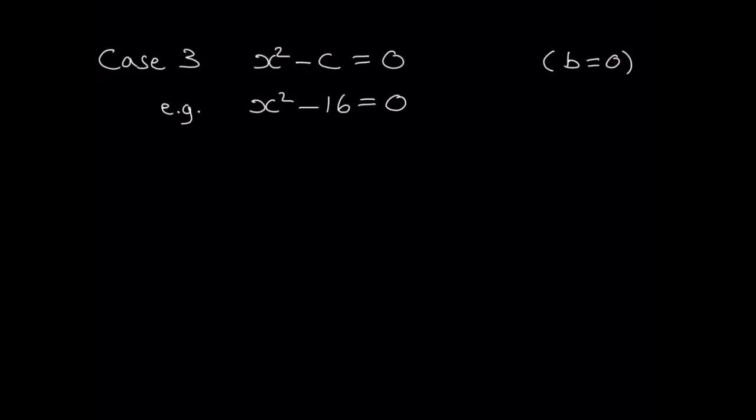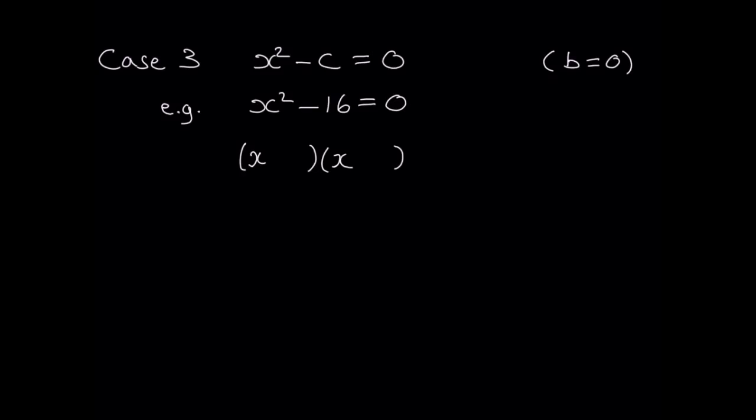In case 3, we're going to consider a quadratic where the coefficient of x, that is b, is equal to 0. We'll consider as an example x squared minus 16 is equal to 0. How are we going to factorize this? Can we still apply the trick that we used in case 2 and find the factors of c which add up to b? Well, of course we can, because b is equal to 0, isn't it? So we can write the two brackets down, with an x in each one.